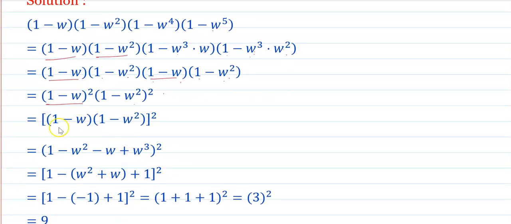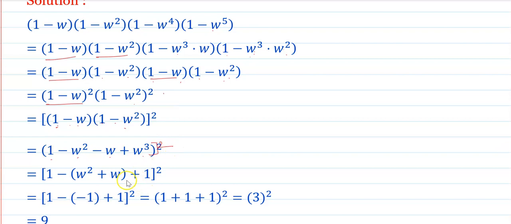Next simplification, the product of these two. 1 into 1 you will get 1. 1 into minus omega square you will get minus omega square. Minus omega into 1 you will get minus omega. Minus omega into minus omega, that is a plus omega cube, and whole bracket is to 2.